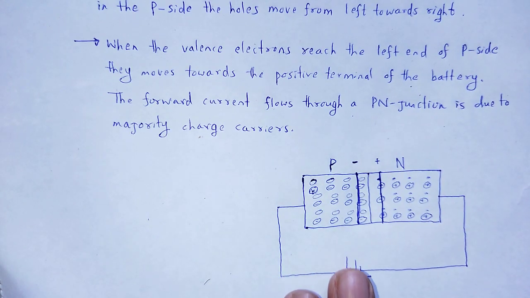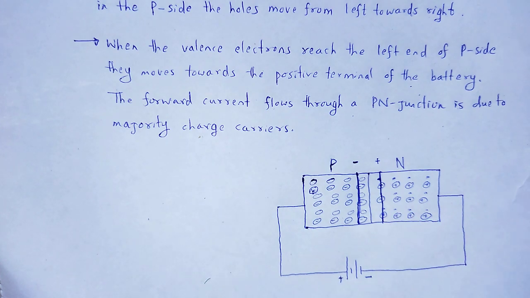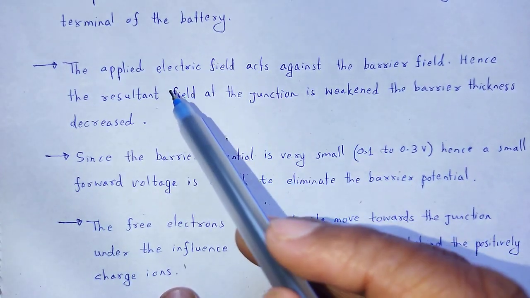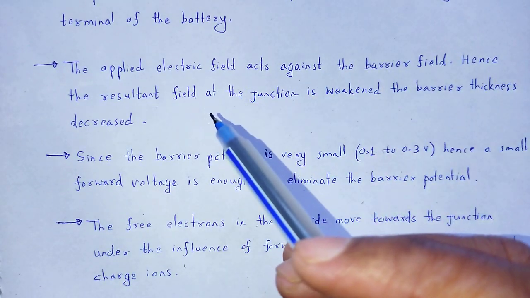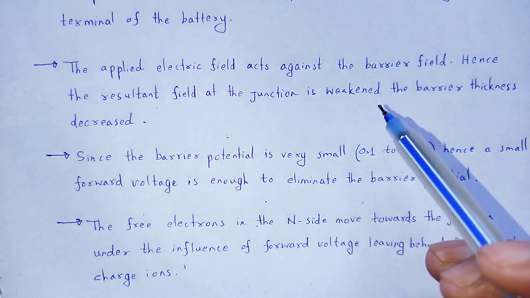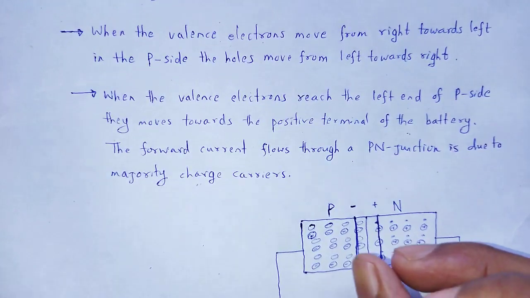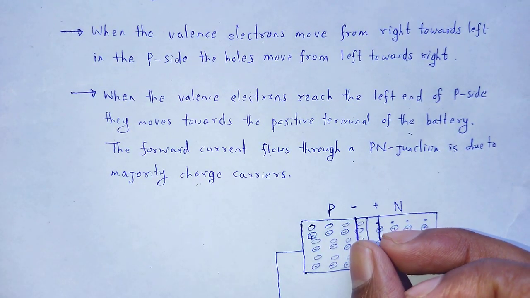As a result, the net electric field is decreased. The applied electric field acts against the barrier field, hence the resultant field at the junction is weakened, so the barrier thickness gradually decreased.